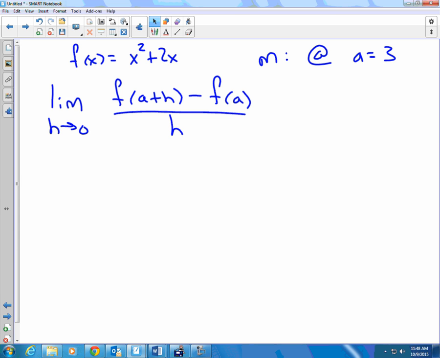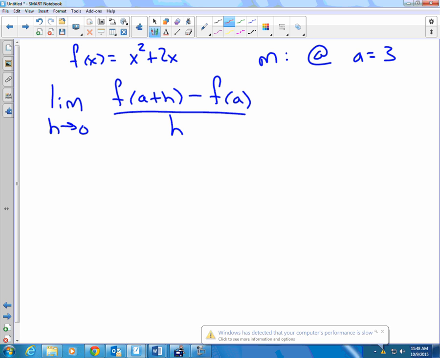I'm not asking you to write the equation for the line, though you could do that. We're trying to save a little bit of time here. And so I will help you make the first step of setting it up. What is my a value? 3. So you plug in 3 plus h into your x's, correct? And a is 3, so you'll need f of 3. So I'll write the first part, and I'm going to let you go from there.